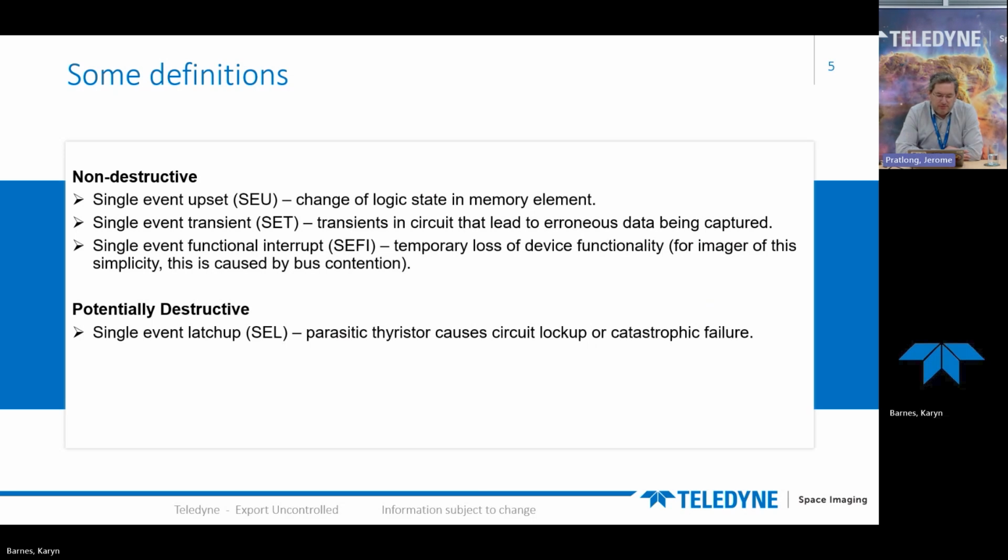The destructive possibility is what we call single event latch-up, and that is caused by parasitic thyristors within the silicon that are triggered and can cause catastrophic failure.